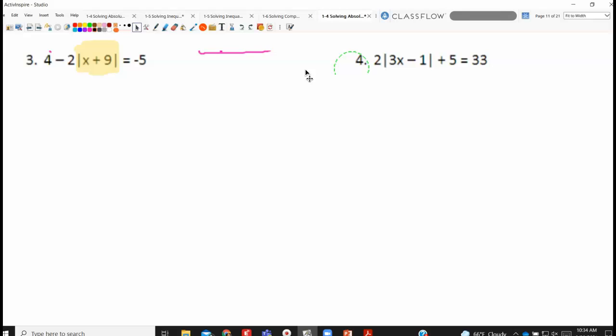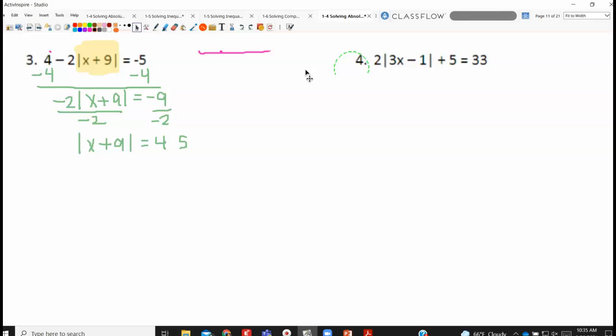So to do that, I'm going to subtract 4. Divide by negative 2. And I get that the absolute value of x plus 9 is equal to 4.5.